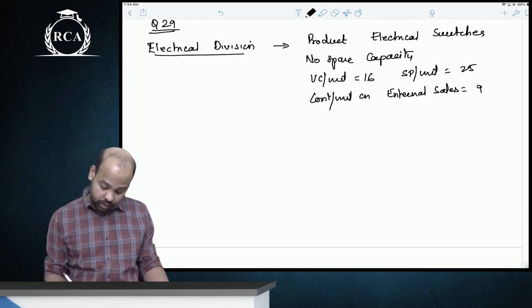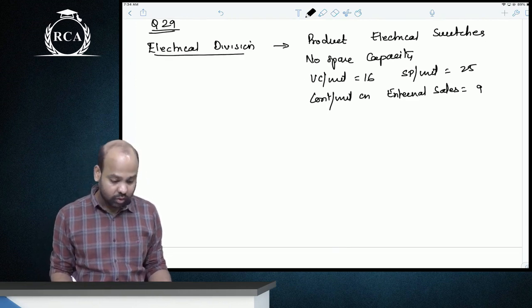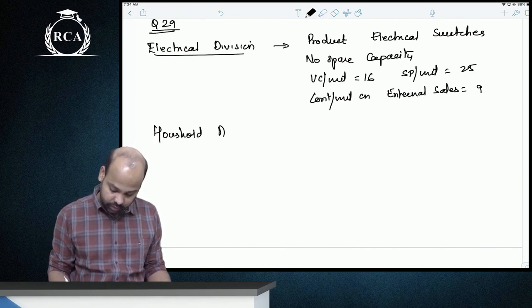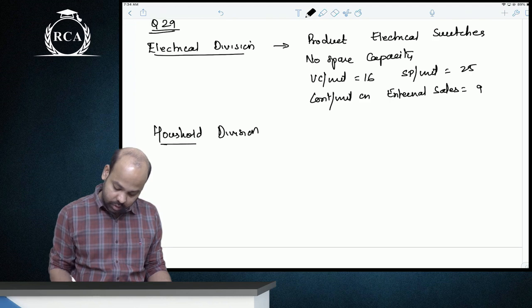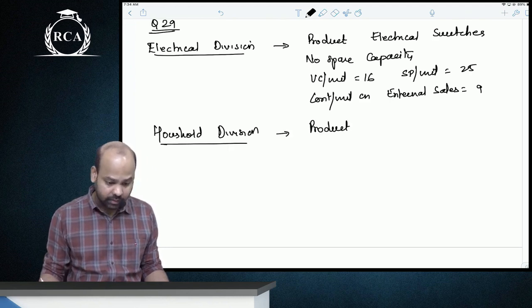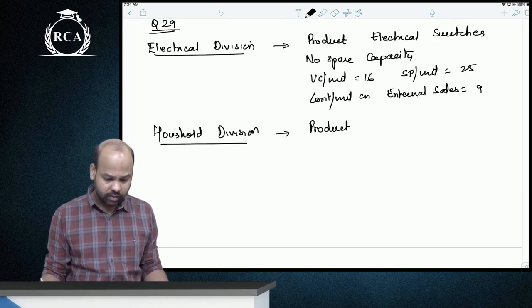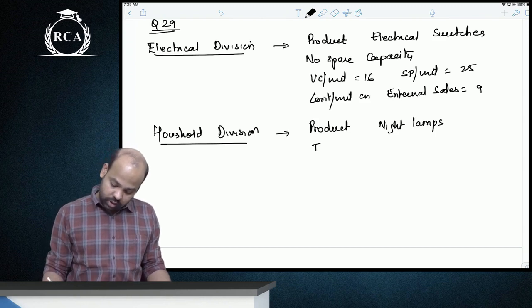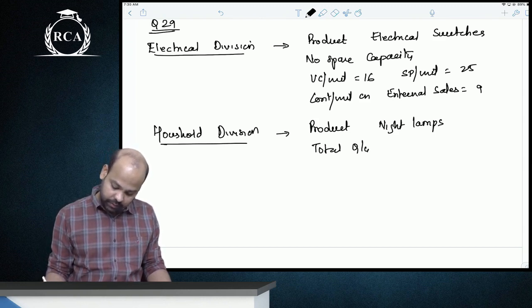As far as the household division is concerned, they are now manufacturing a product called night lamps. Total quantity is 5,000 units.